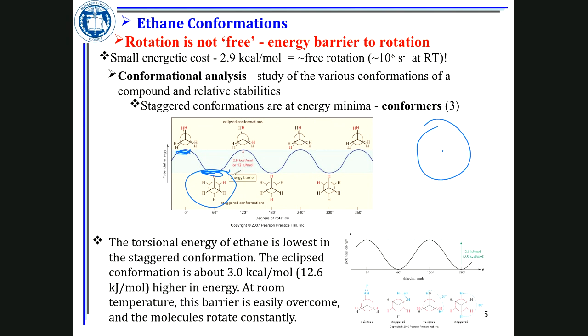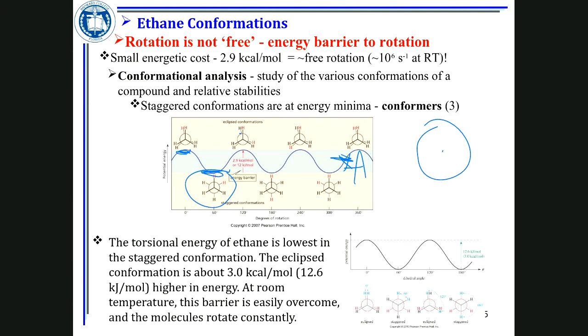And we have the eclipse and staggered, and this is just moving around. If we look at this energy diagram, at point A here, that's somewhere in between, not the full eclipse and not the full staggered, because when it's eclipse, we have the highest energy.